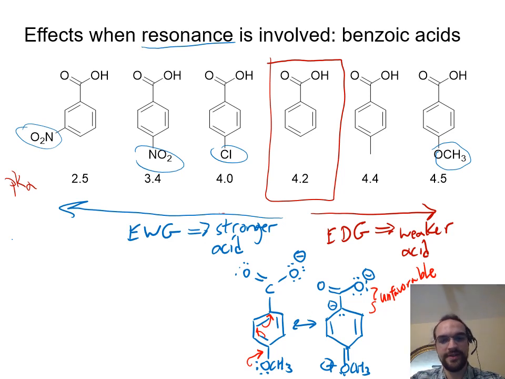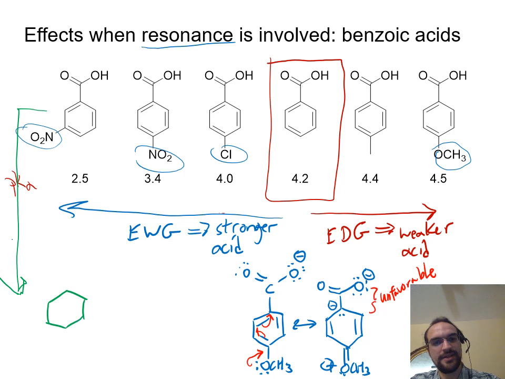Now, if we compare this to the nitro groups, and in particular, let's look at this nitro group right here. Now we must be somehow stabilizing the conjugate base very well.